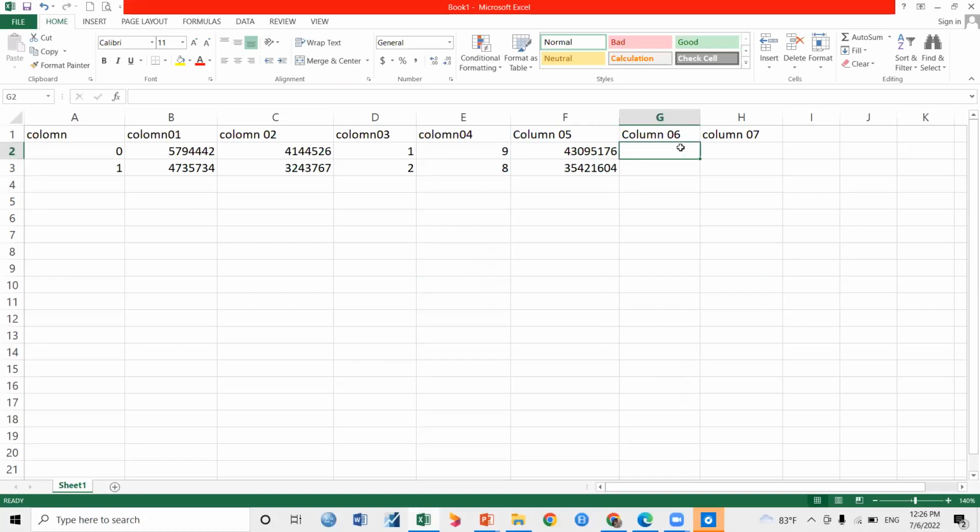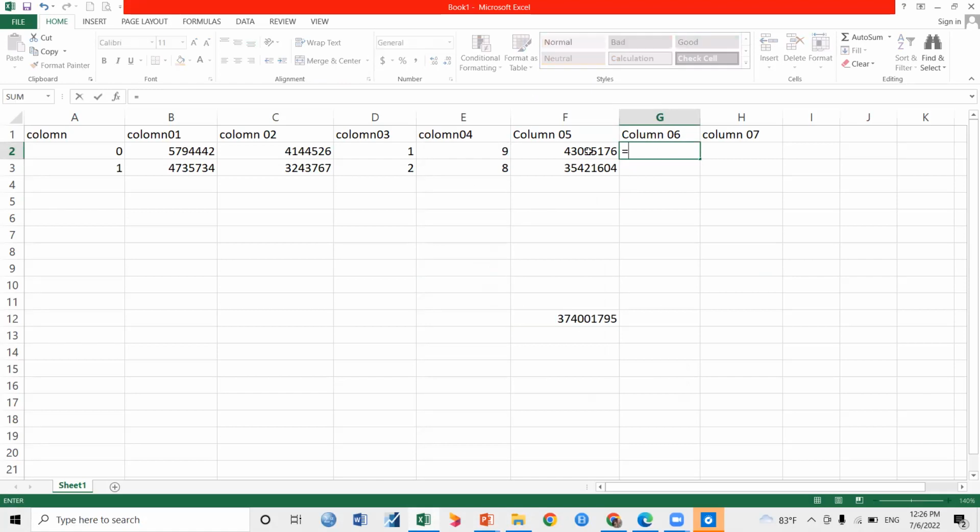Okay, then how to calculate the sixth one? To calculate values for the sixth column, we need this total summation, which has already been given in the handout. So I took that value. Then how to take the percentage values?